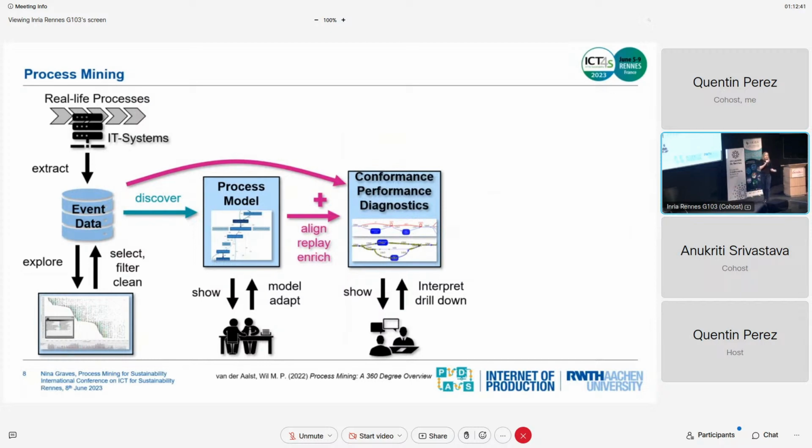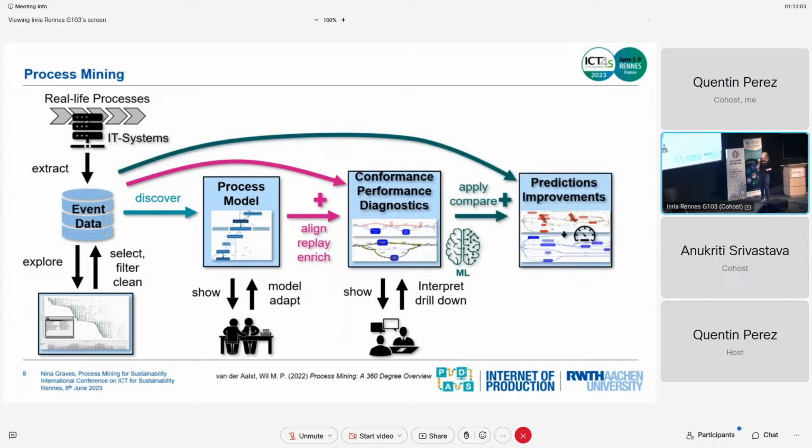So we see, are the processes that are being performed at the moment actually compliant with the process that we want to perform? And do we find where the bottlenecks in my processes are?